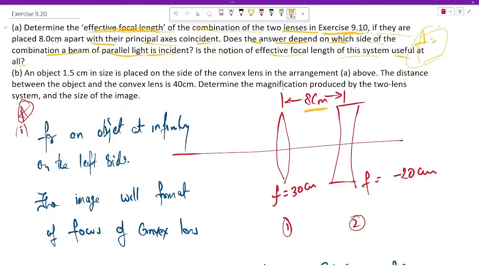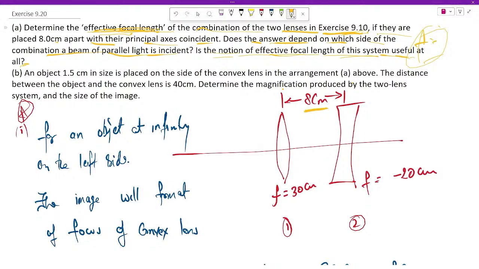We also need to answer whether the effective focal length depends on which side of the lens the light is coming from, or which side the object is placed. And we also need to comment on whether the notion of effective focal length of the system is useful at all.